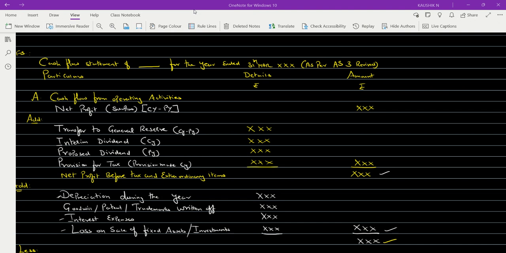So that is the declaration you're going to give: net cash flow from or used in financing activity.